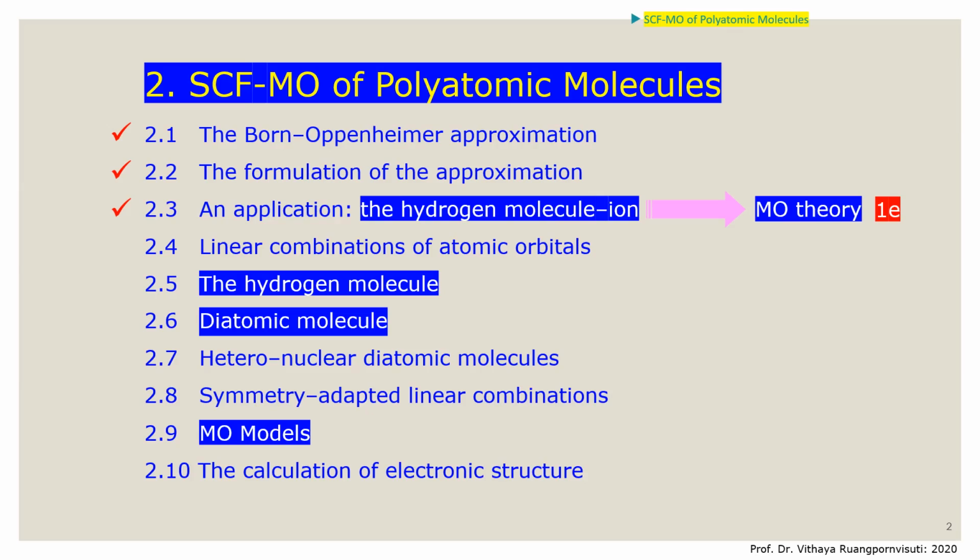The system contains only one electron. The fourth, linear combinations of the atomic orbital. This brings to the LCAO-MO method, or the linear combination of atomic orbitals molecular orbital.